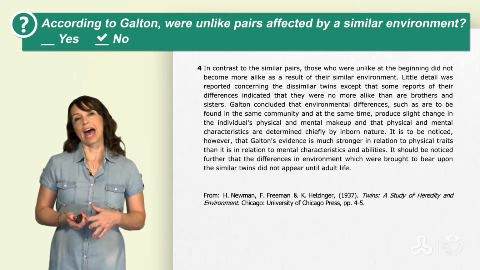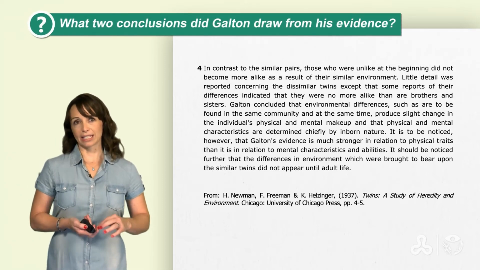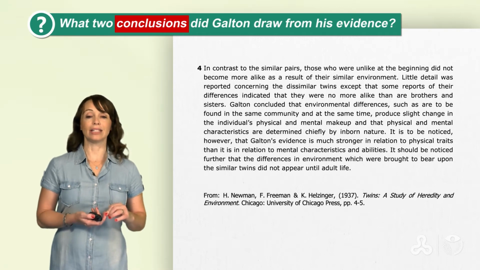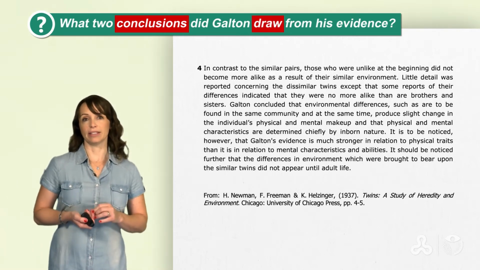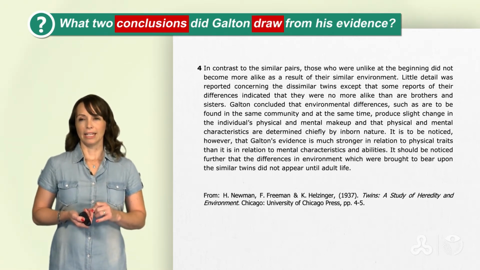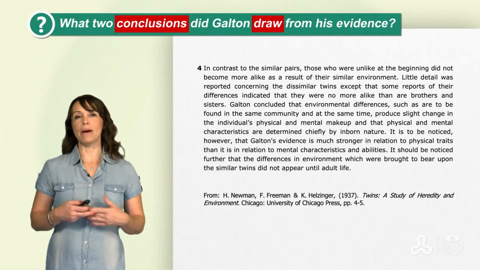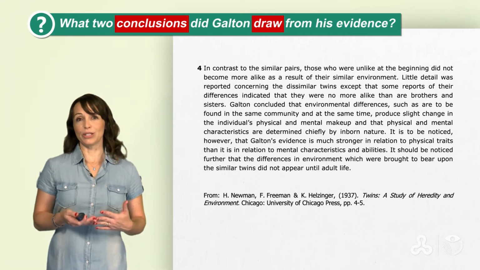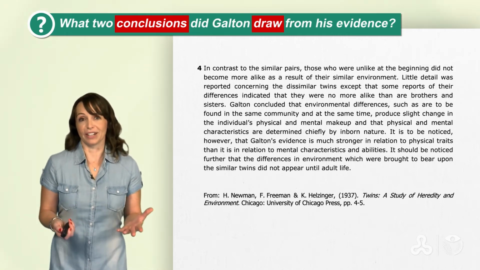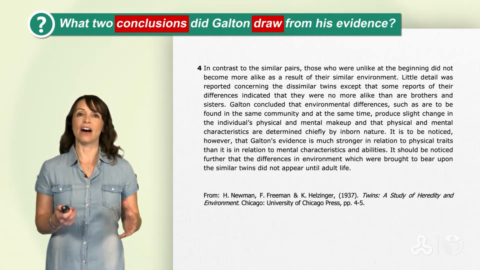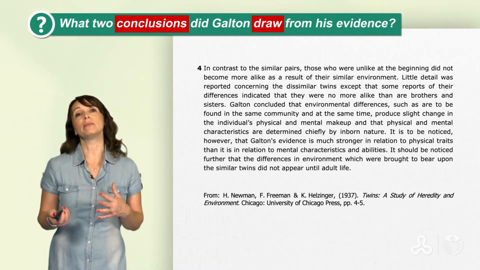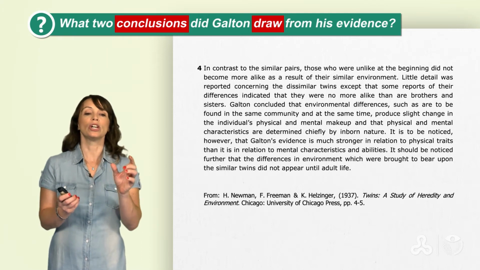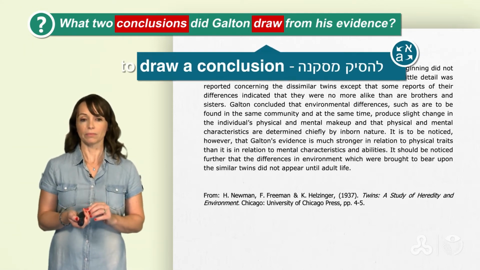now let's look at this question, which asks us, what two conclusions did Galton draw from his evidence? Now, the best way to answer a question is to understand the question well first. Here we have a phrase that might not be familiar to you, the connection between the two words, to draw a conclusion.